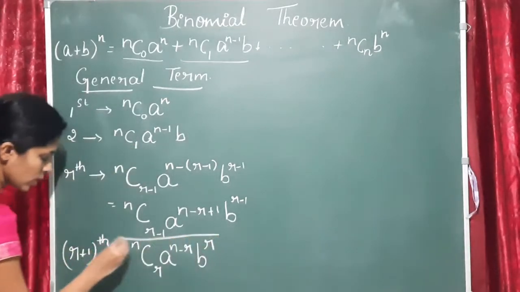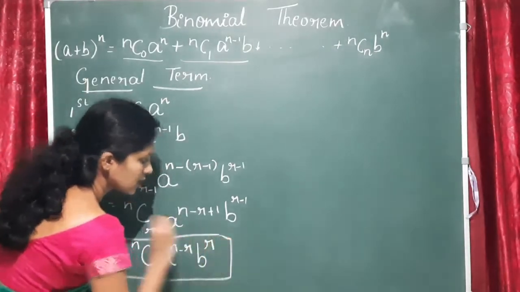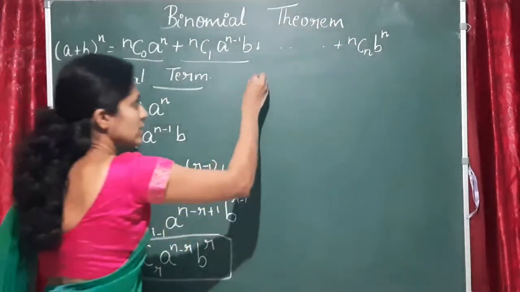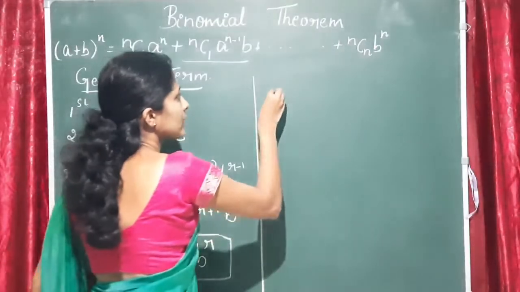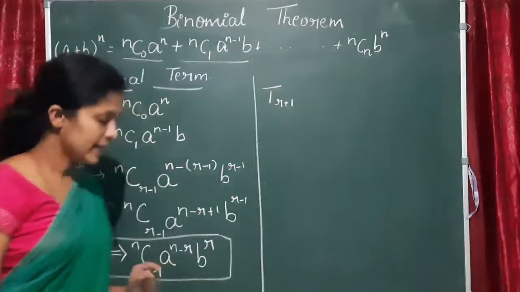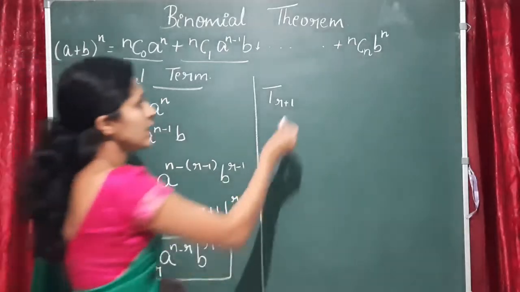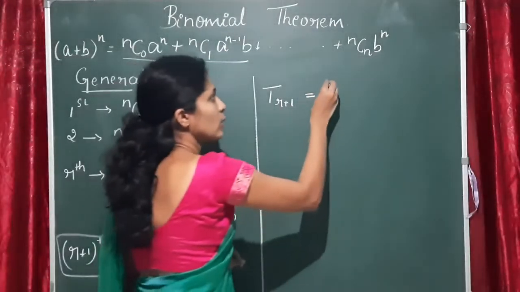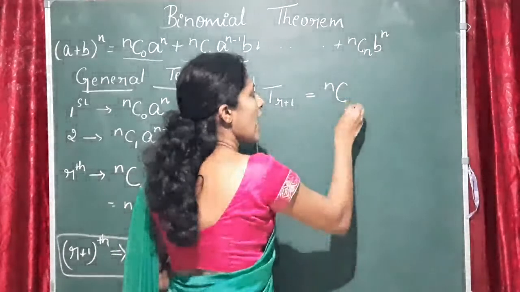So this is called the general term. General term, very important. You have to remember this formula. So the general term is represented by T(r plus 1). T(r plus 1) is given by, remember, T(r plus 1) is equal to nCr.